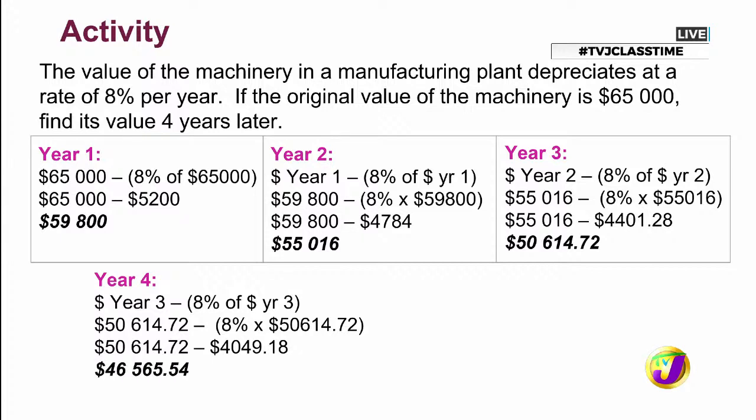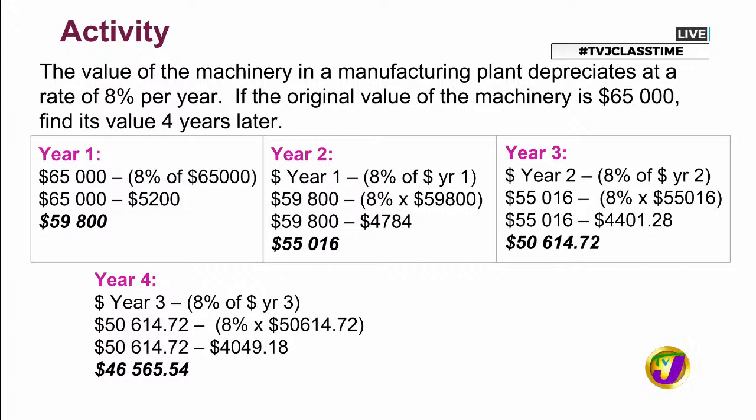And at the end of 4 years, the machine that was valued at $65,000 now values $46,565.54. Wow. So I want you to remember this value in your head, $46,565.54.